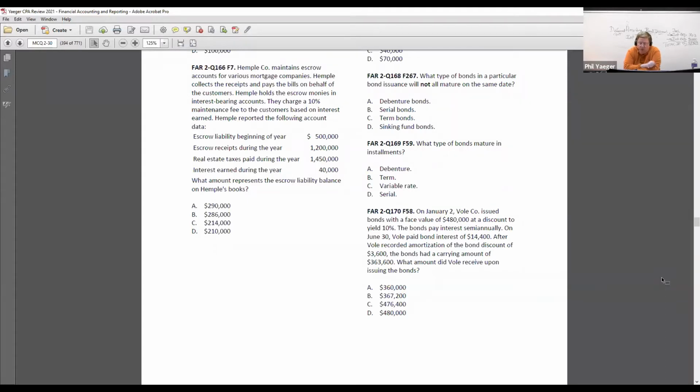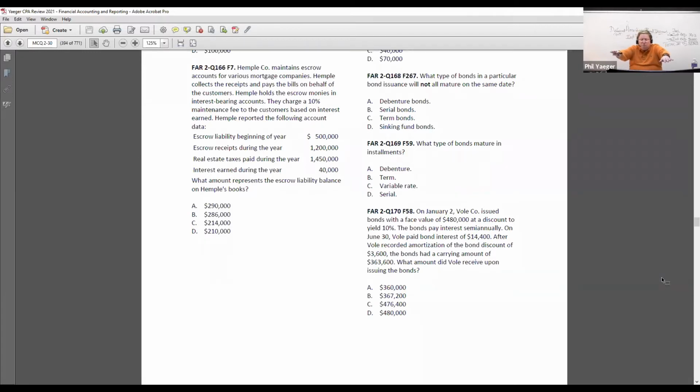If we do it on a straight line basis, the amount of the discount amortized will be $161,614 divided by how many periods? 60 periods. And that will give you the same amount each period. That's if you use the straight line method.